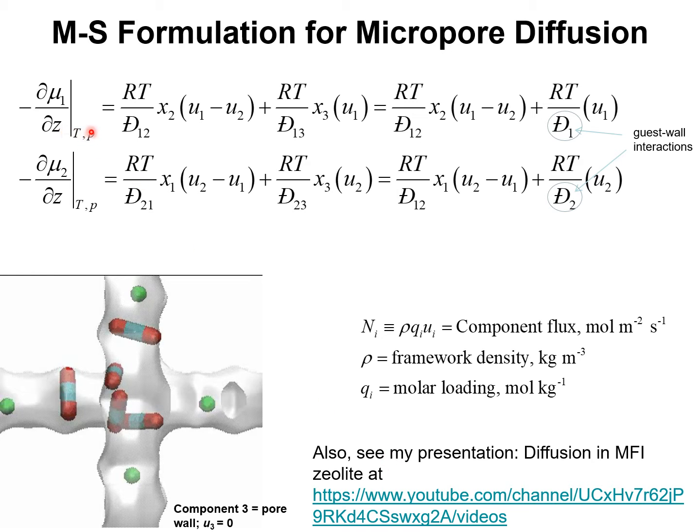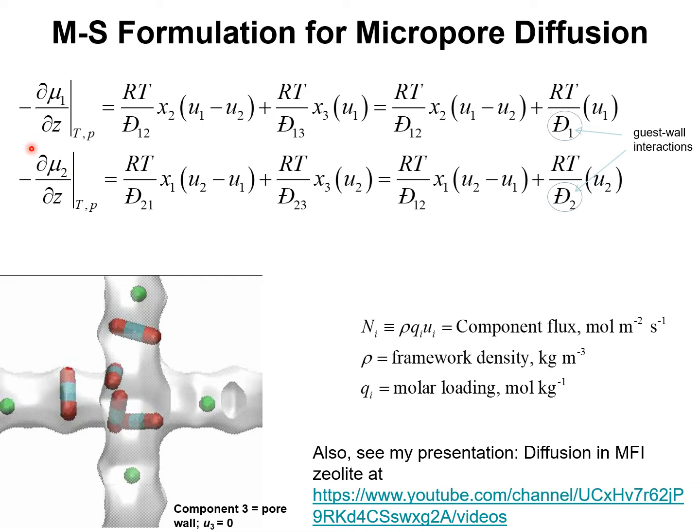Following the Maxwell-Stefan formulation, we assert that the force acting on species 1, being the guest molecule 1, which is the negative of the chemical potential gradient of species 1 at constant temperature and pressure, is balanced by the friction 1 experiences in undergoing relative motion with respect to species 2, and the friction component 1 experiences in undergoing relative motion with respect to the wall, which is species 3.